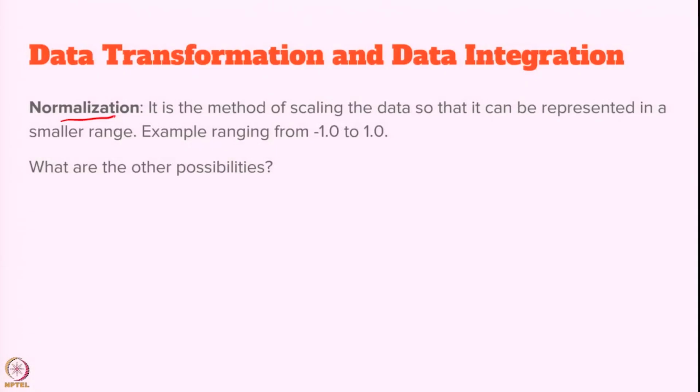Normalization is the method of scaling the data so that it can be represented in a smaller range, say for example from -1 to 1. Is normalization the only technique to do the data transformation, or is scaling the only technique in the data transformation? No, there are various other things that we will discuss in detail. There are various possibilities, yes, the answer for that.